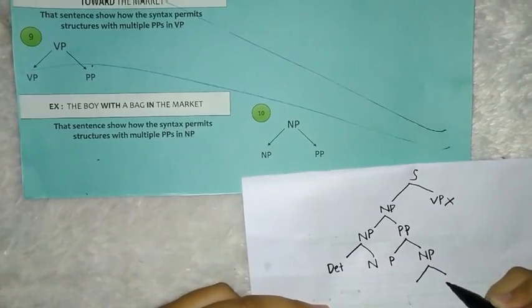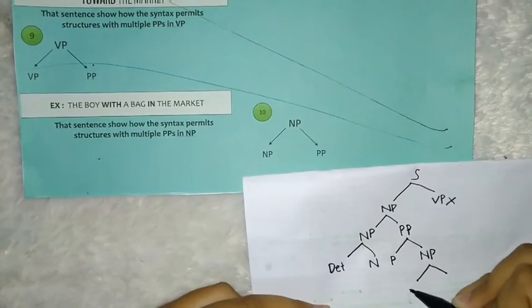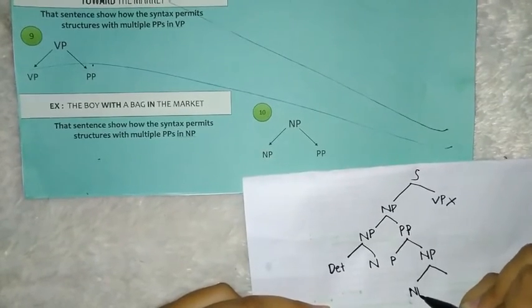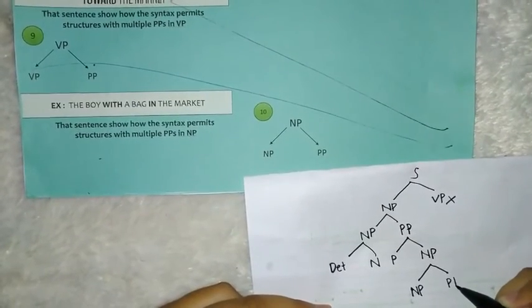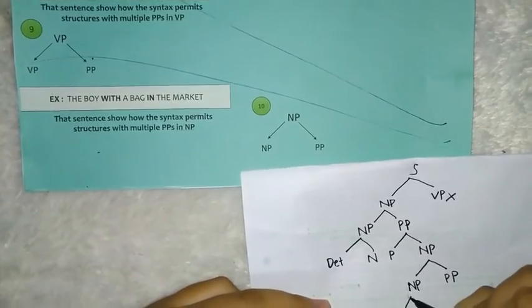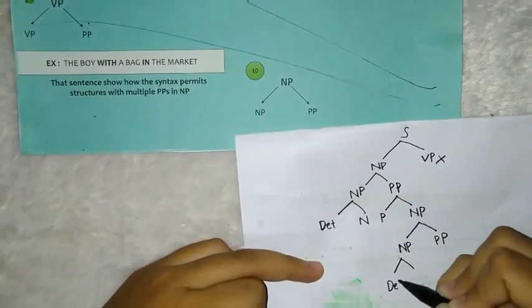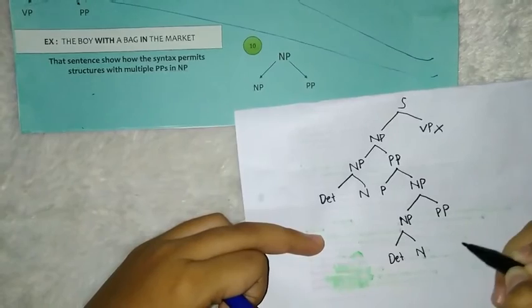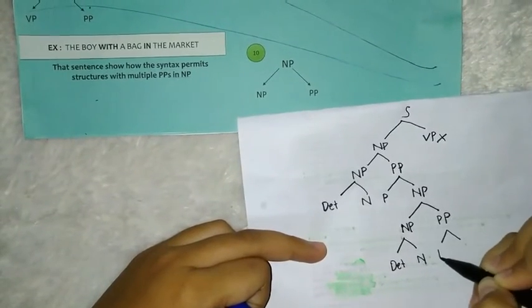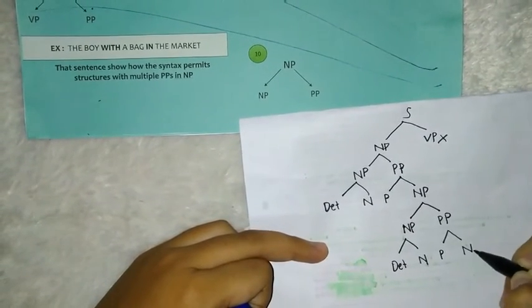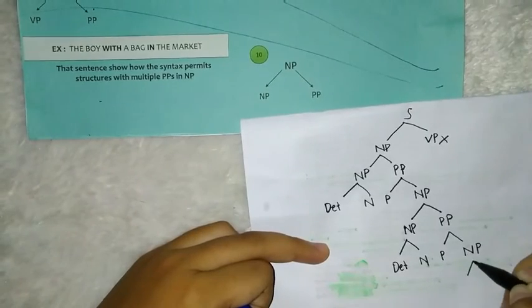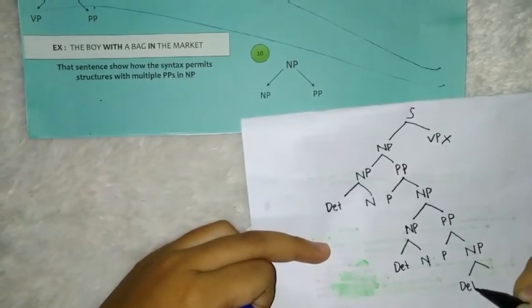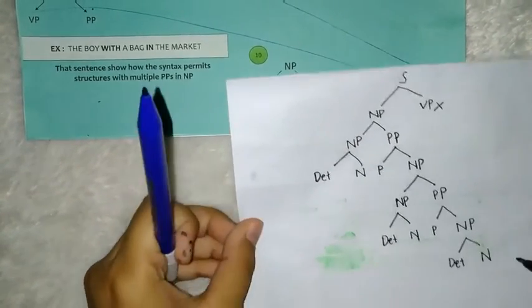We still need the preposition. Noun phrase with prepositional phrase. Noun phrase in here, determiner with noun, and prepositional in here is preposition with noun phrase. And the last noun phrase is determiner with noun.